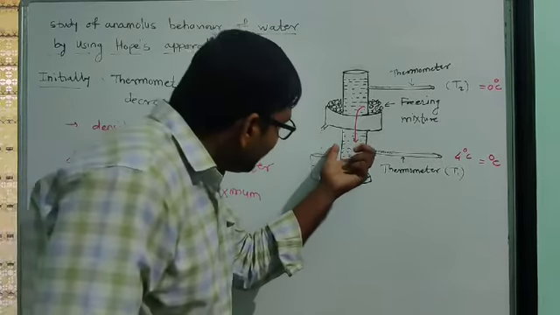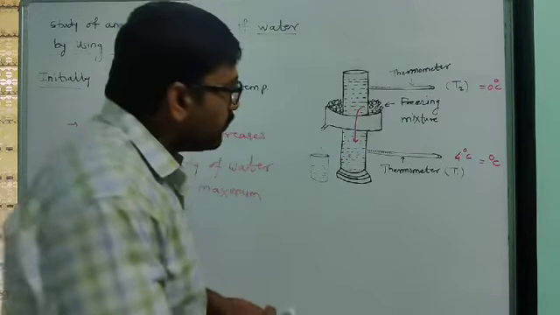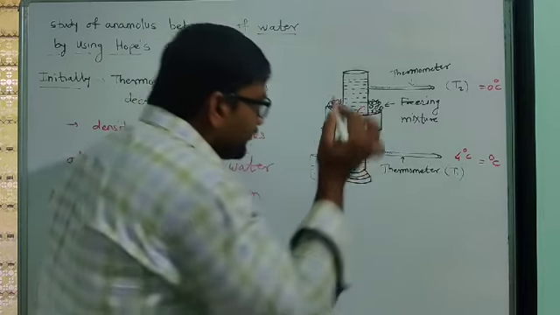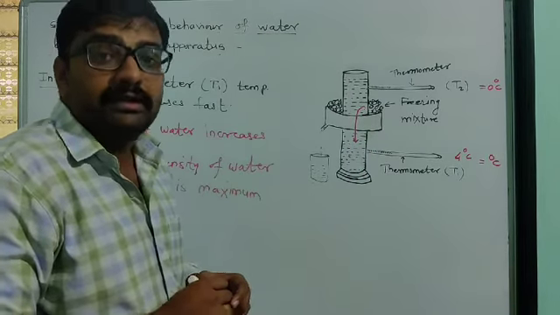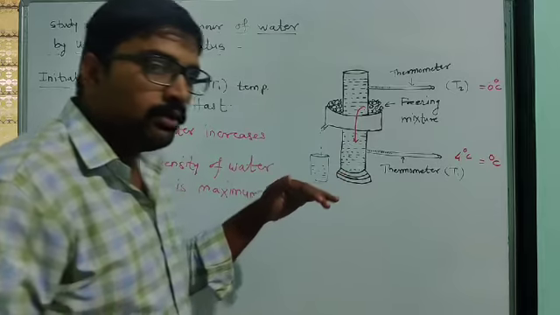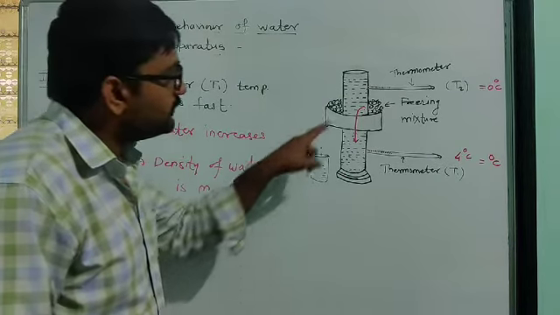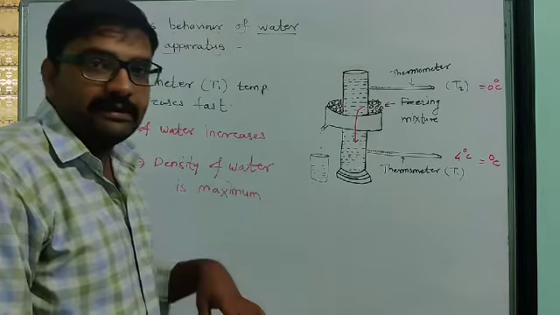So once it reaches 4 degrees Celsius, whatever water is present here has the most density. And we know if the density of a substance is high, it will sink in water.